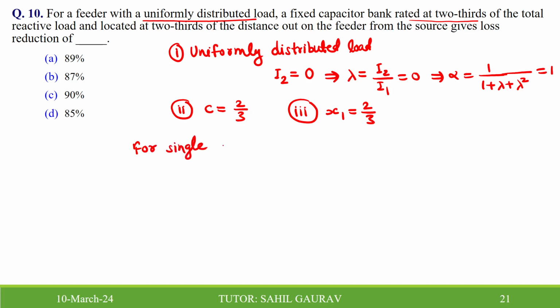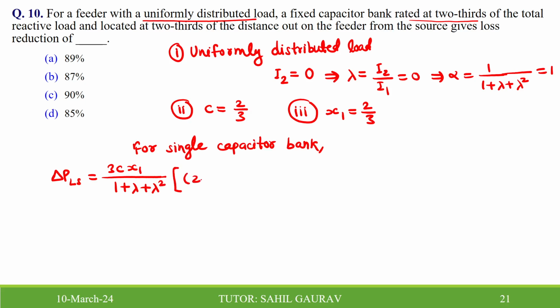We know that the per unit power loss reduction is 3cx1 upon 1 plus lambda square into 2 minus x1 plus lambda x1 minus c.